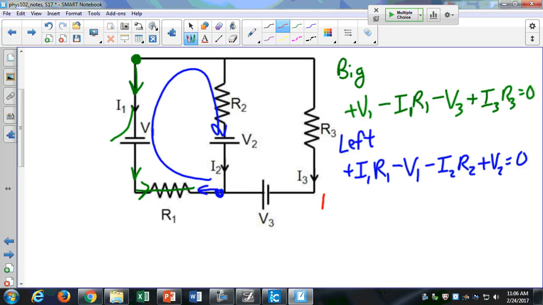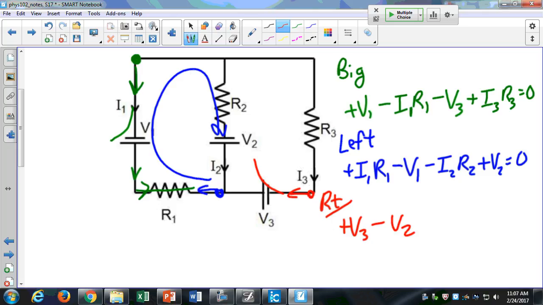All right, so a right loop. Let's do the right loop. Let's just start here and go in this direction. Remember, there's two directions. There's the direction of the current, and then there's the direction you travel. So we're going to go here, plus V3, because I'm going up the slide, plus or minus V2? Minus V2.